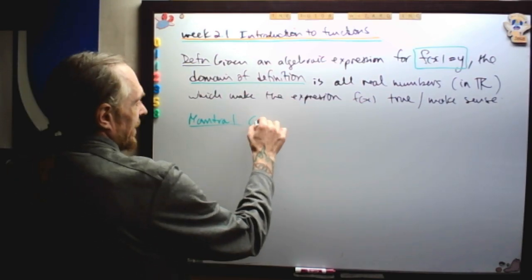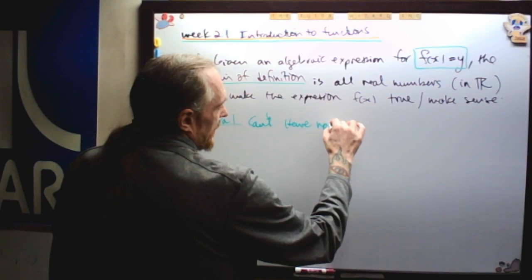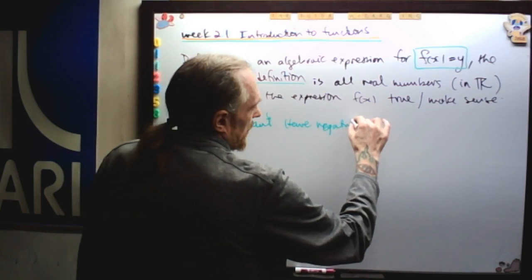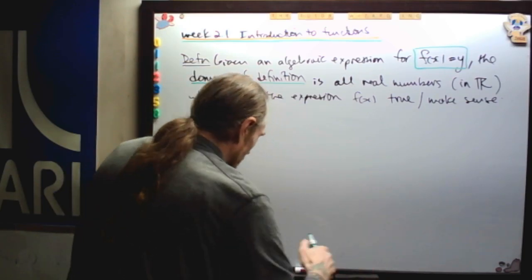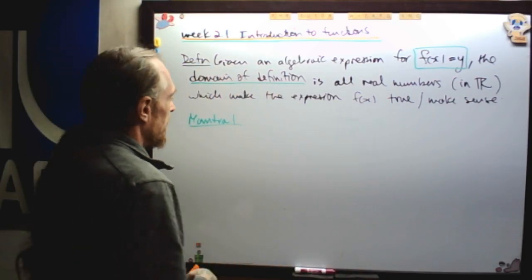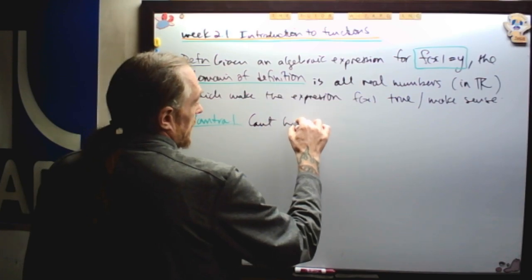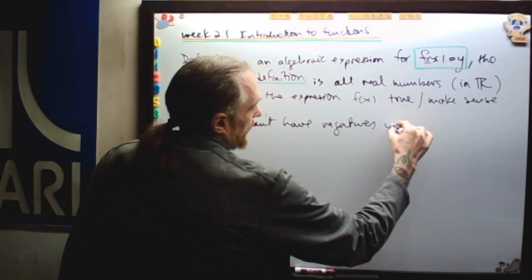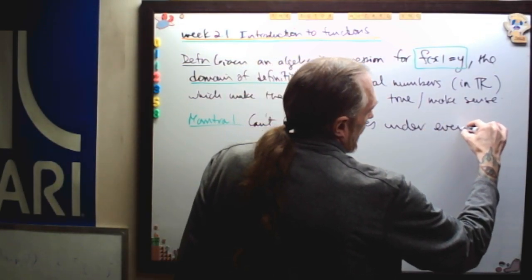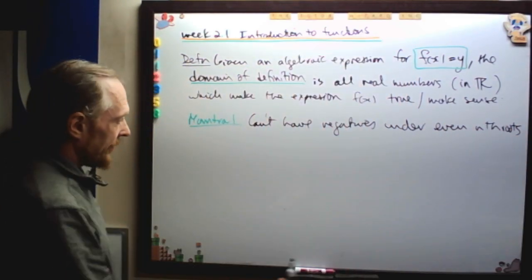We can't have negatives under, I shouldn't write in green, mantra 1. So we can't have negatives under even nth roots. And I'll remind you even nth roots in a second.